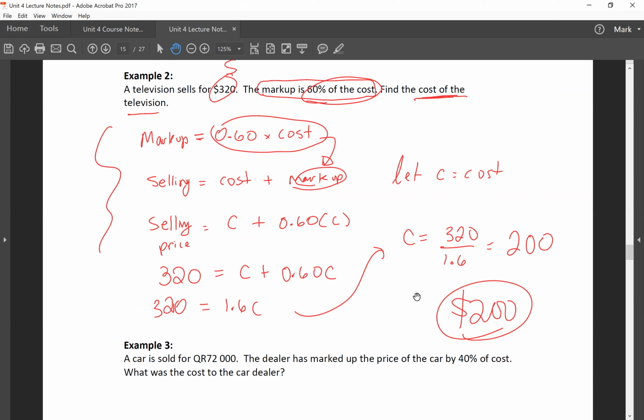A car is sold for 72,000 real. The dealer marked up the price by 40% of the cost. So what was the cost of the car? I'll put myself on mute. I'll be back in like 3 minutes and we'll look at your answer. Feel free to put your answers in the chat. Good luck.